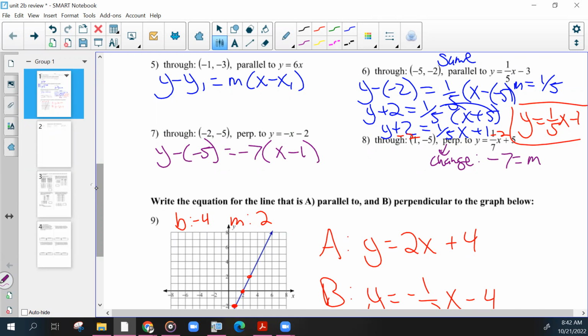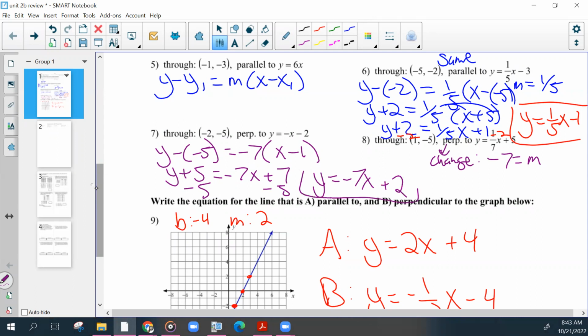Distribute and make this a plus, or you can make this a plus automatically. And then get y by itself by subtracting 5 on both sides. So y equals -7x plus 2 would be the equation that is perpendicular to the one that's given.